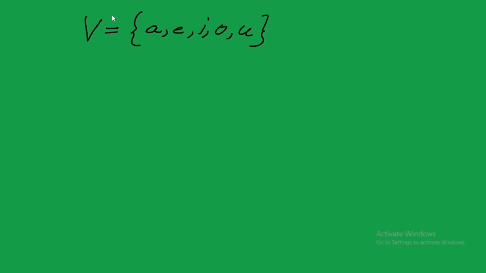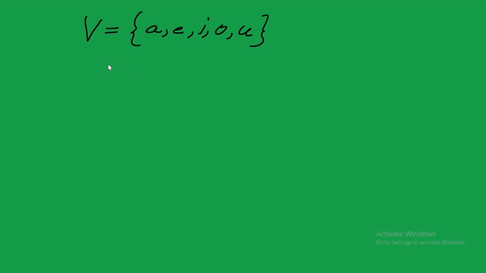There is also V, which is the notation for vowels, and in the curly braces are A, E, I, O, U, all the members or elements of the set of vowels.